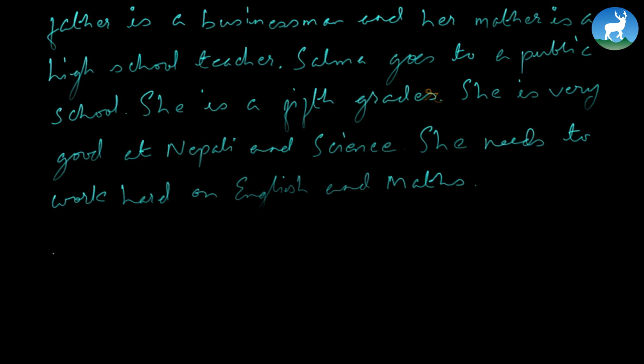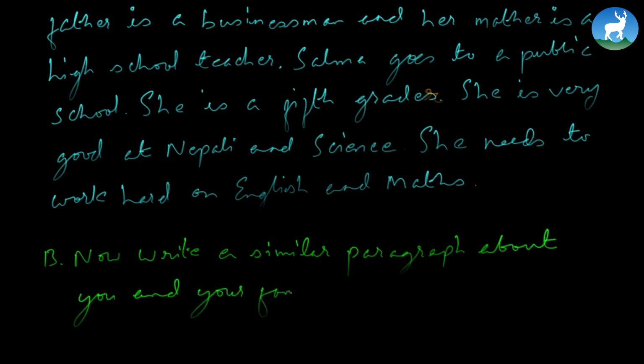Now, you know what? Your homework would be to write a similar paragraph about you and your family. Just like what you've read about Salma, write about yourself and your family, and do include the expenditure on food. What is it that is invested in your family? Maybe on education, on food, or maybe if you're staying in a rented place, of course you have to pay rent.